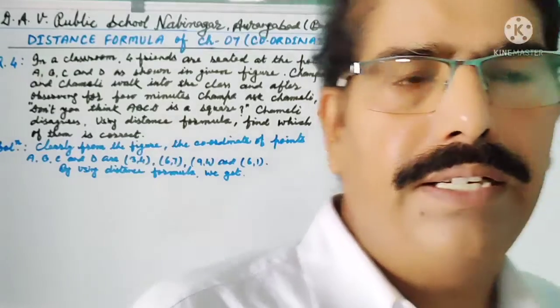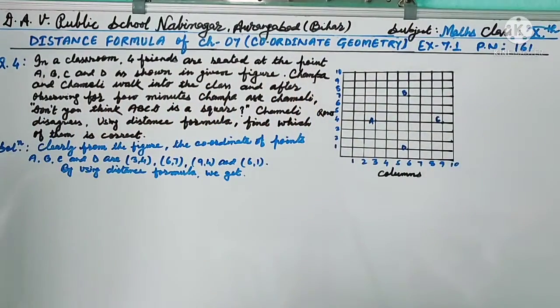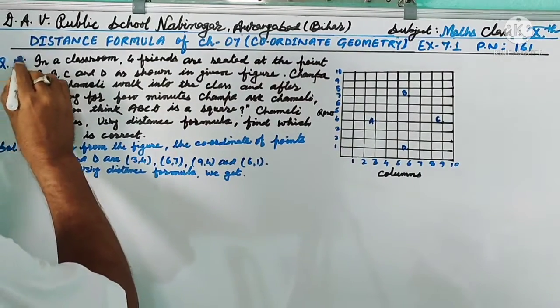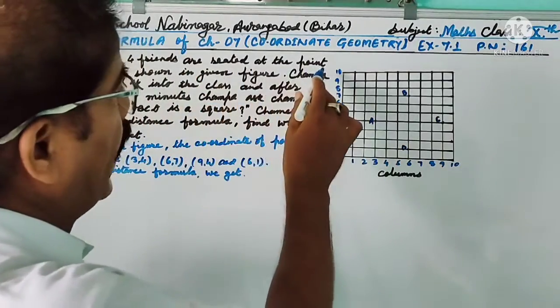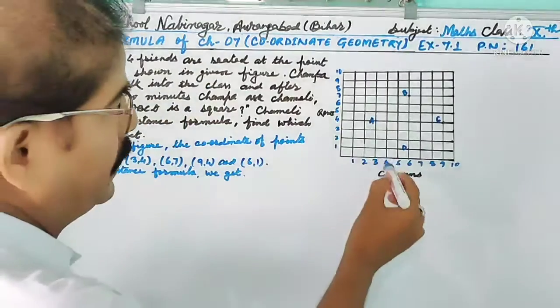Your question 5 is: in a classroom, 4 friends are seated at the points A, B, C, D as given in the figure.